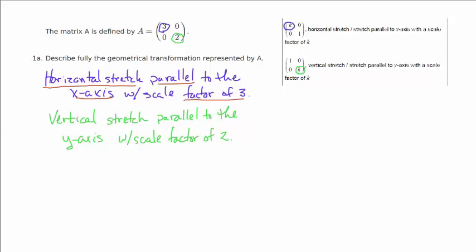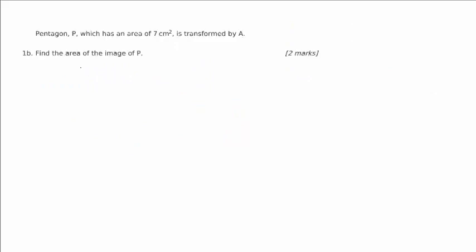Then if we look at the next question, part B, it says we have a pentagon which has an area of 7 centimeters squared. It's transformed by A. Find the area of its image. You won't find this in your formula booklet, but we need to know what our transformation matrix is, because the determinant of the matrix is the scale factor for the area.